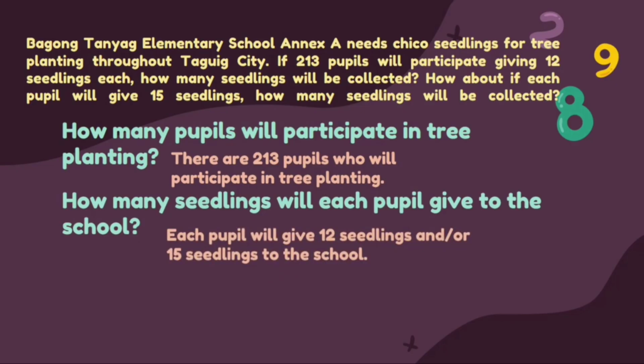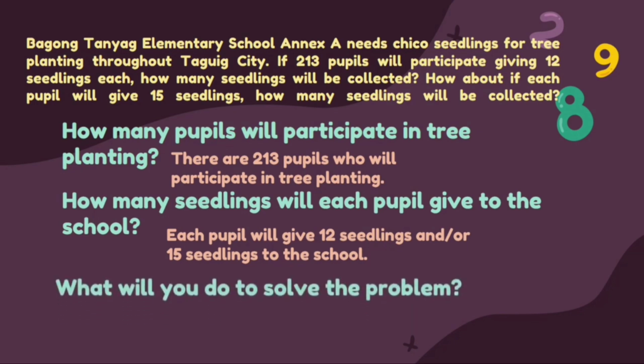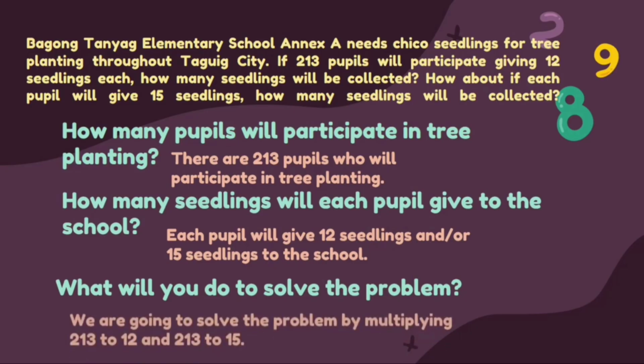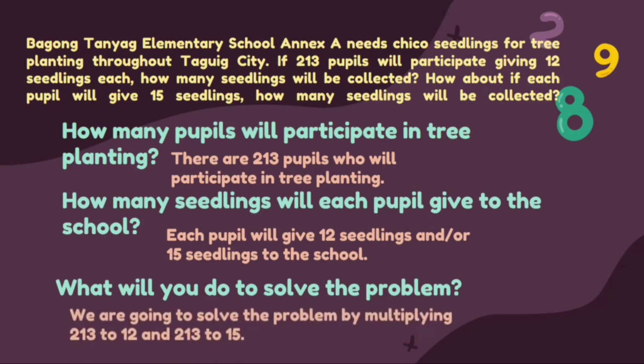Each pupil will give 12 seedlings and or 15 seedlings to the school. What will you do to solve the problem? We are going to solve the problem by multiplying 213 to 12 and 213 to 15.